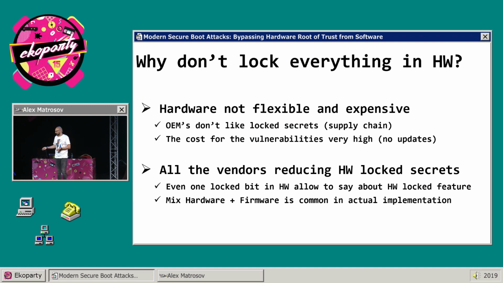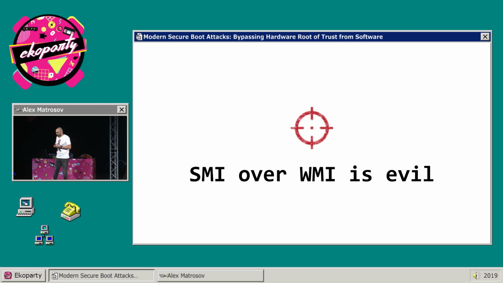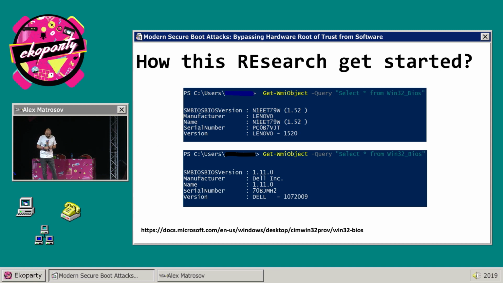the reality looks. But let's talk about the connection between the operating system level, firmware, and some of the hardware-related secrets. So probably you remember from my talk, or you know, what a System Management Interface, SMI, is.